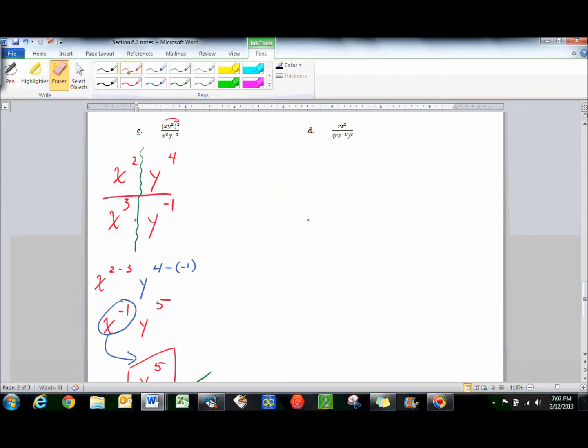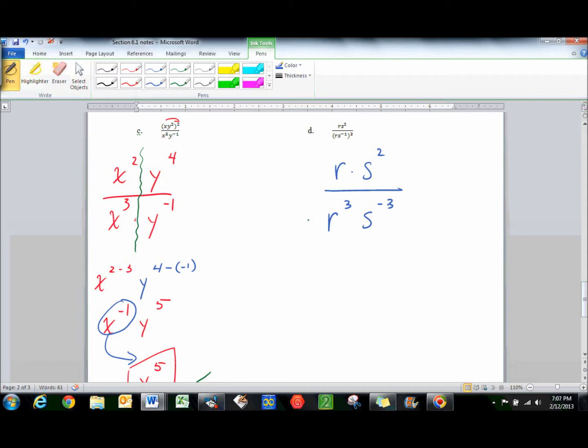Okay, so for part D, we have an r and then an s squared. And then of course I've got to distribute this 3 to each part in here, so it's r to the 3rd, and that's going to be s to the negative 3.